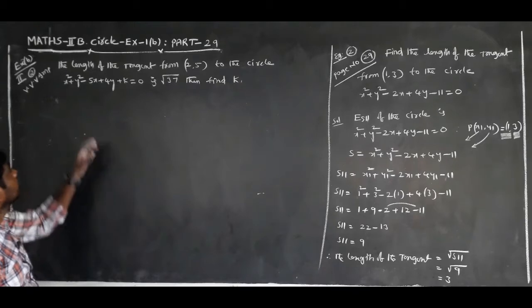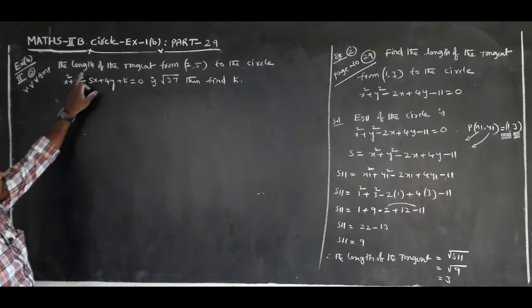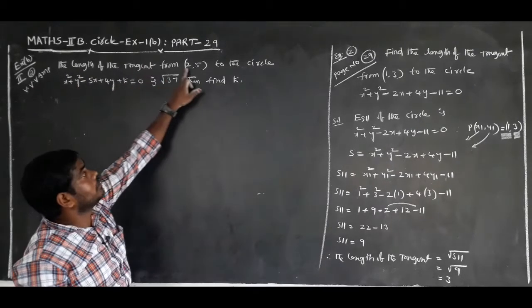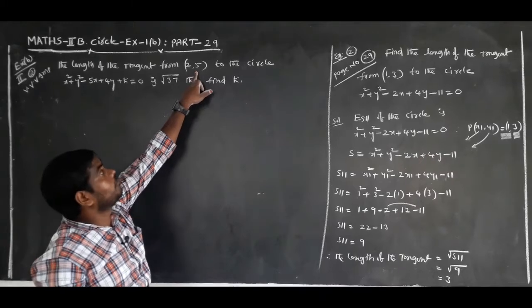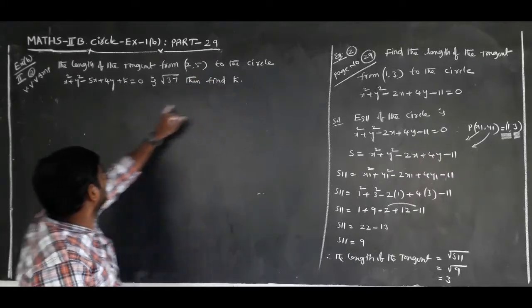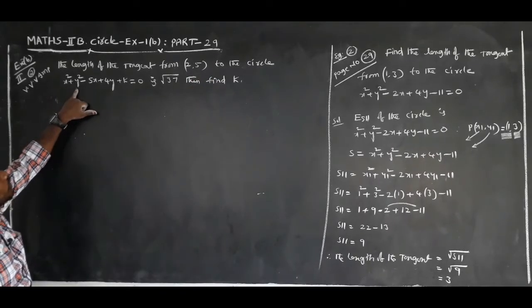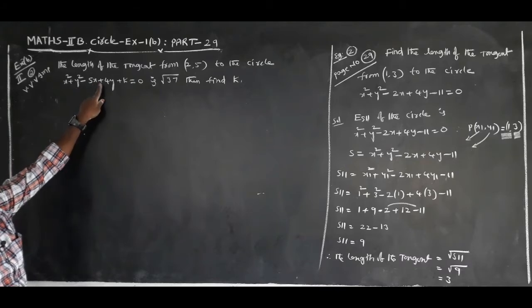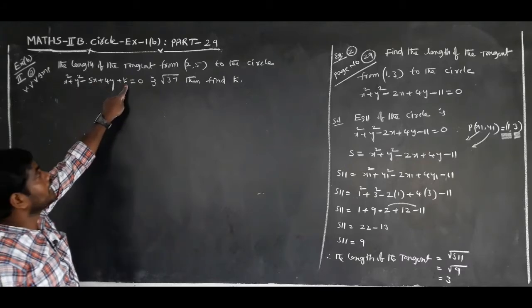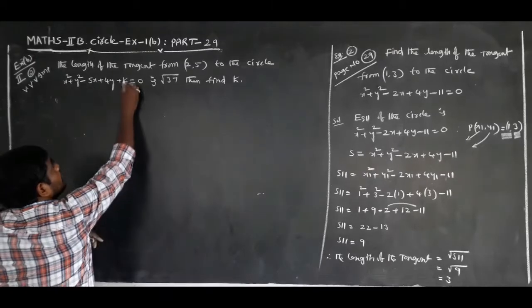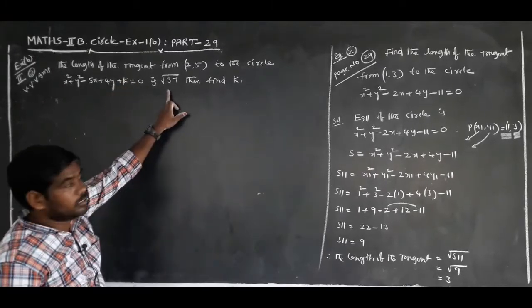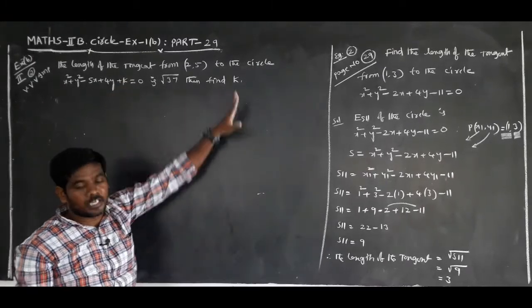Once again, the most important problem. The length of the tangent from (2, 5) to the circle x square plus y square minus 5x plus 4y plus k is equal to 0 is root 37. Then find k.